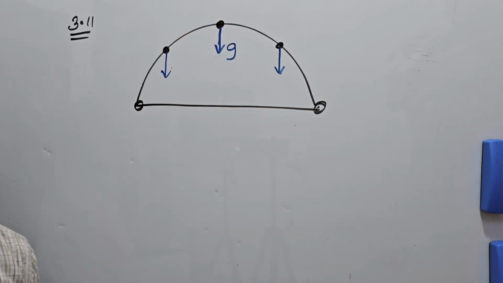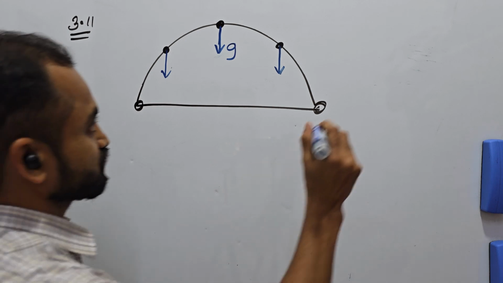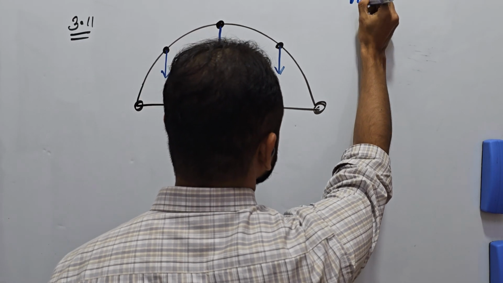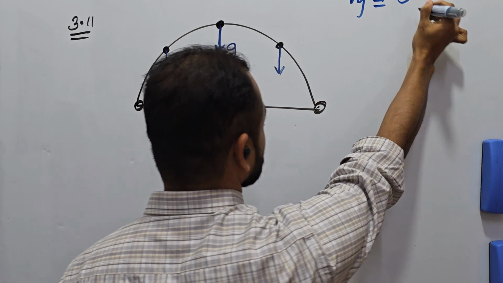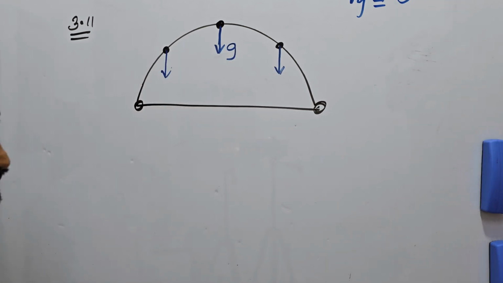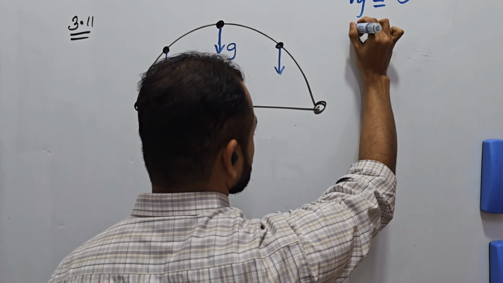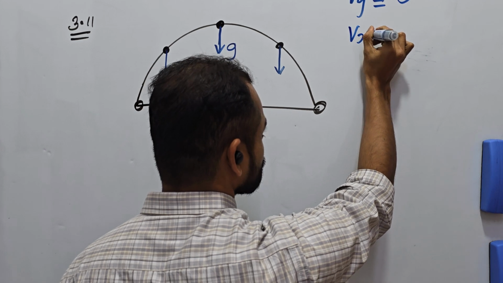At a maximum height, students, what is the value of the velocity along the vertical direction? What is the value of Vy? At a maximum height, vertical velocity is always 0. What is the value of the horizontal velocity?